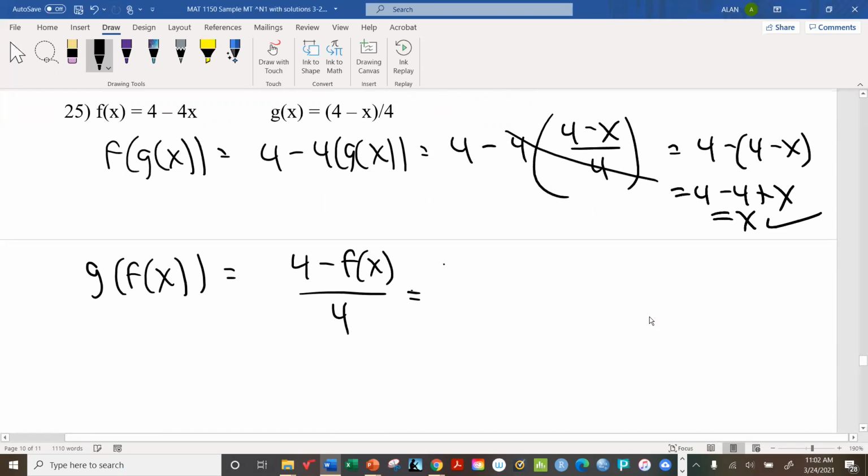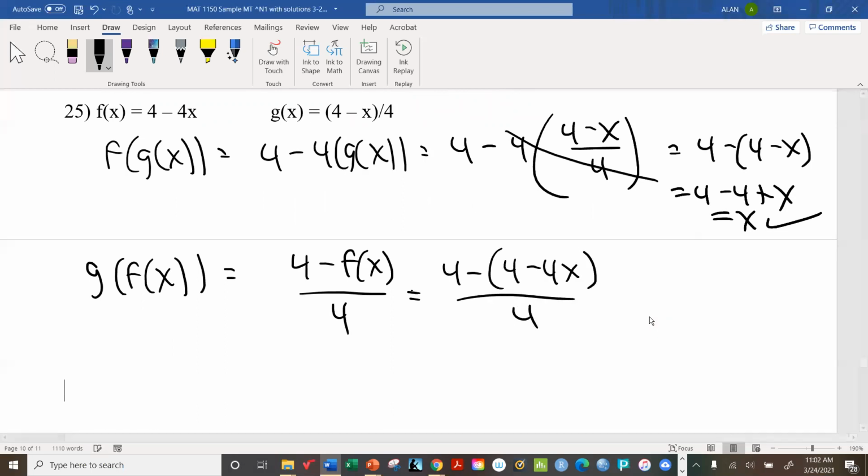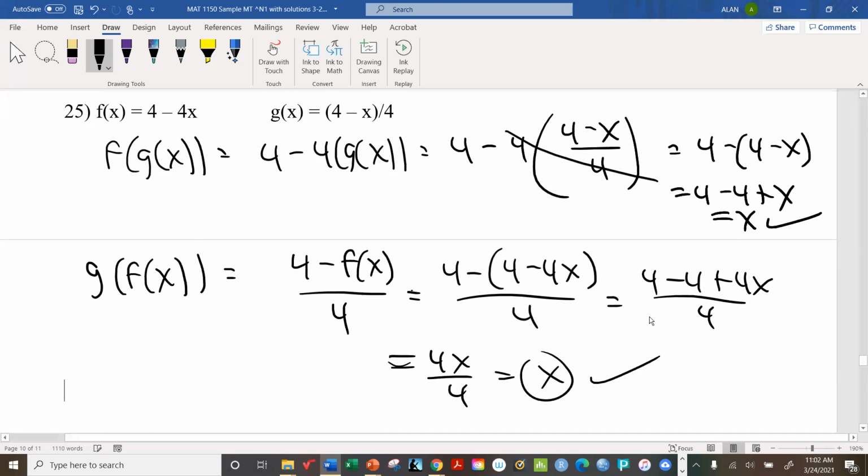Okay, now we make the substitution. We have to distribute the negative across the parentheses. These two drop out, so we're left with 4x over 4. And there you go. We did it again.